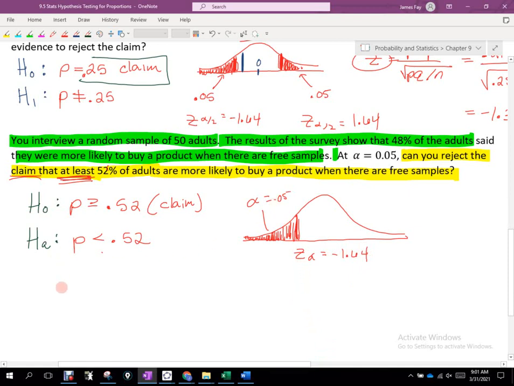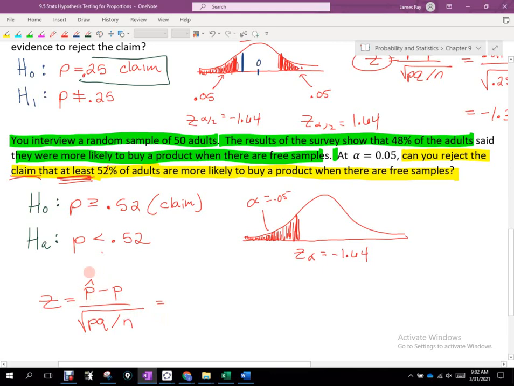All right, so now all we have to do is run through and figure out our Z. So Z is P hat minus P over the square root of PQ divided by N. Okay, so P hat is your sample proportion.